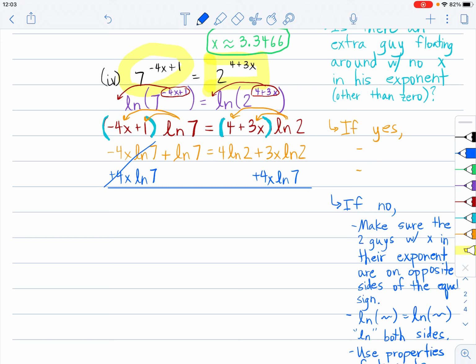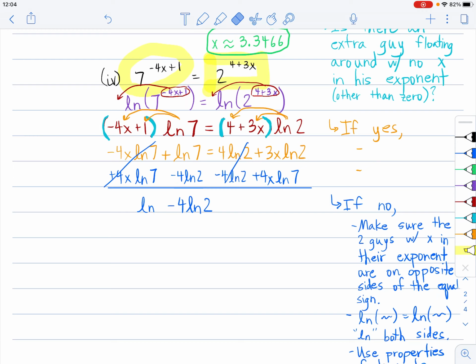And I can also at the same time minus 4 ln 2, minus 4 ln 2. Again, these two are not like terms, so I just need to write them both out until I'm ready for my calculator. And so this guy cancels. So this is ln 7 minus 4 ln 2.